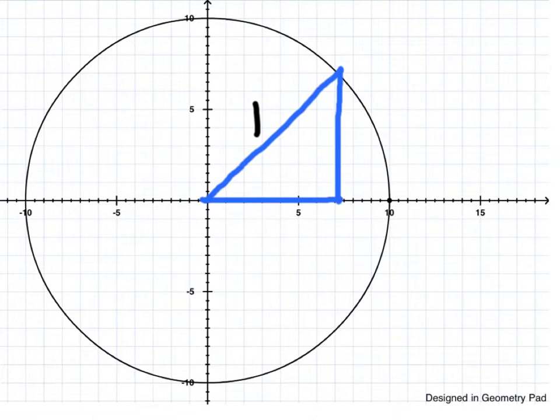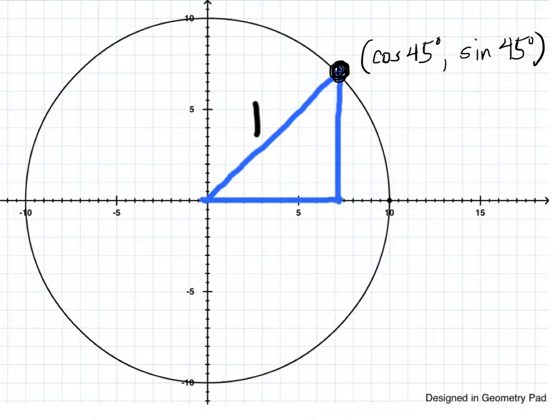But that's okay because we actually know that whatever these coordinates are, they are cosine of 45 degrees, comma, sine of 45 degrees. And we just figured out what cosine of 45 degrees was. What was it? You remember? Square root of 2 over 2. So this side is root 2 over 2, and of course this side is root 2 over 2.